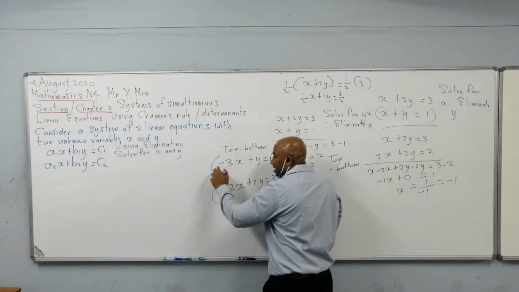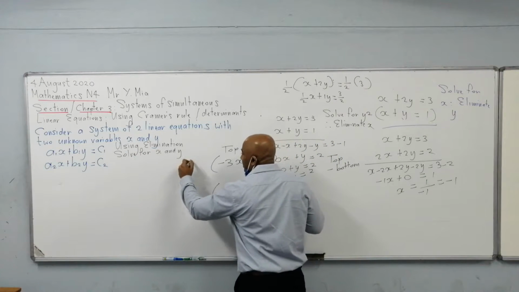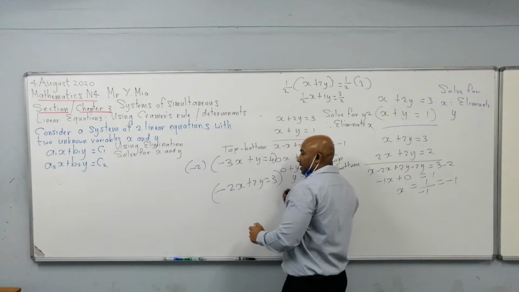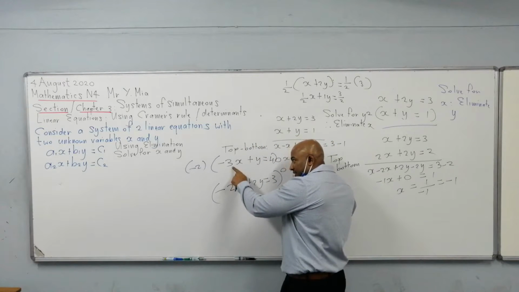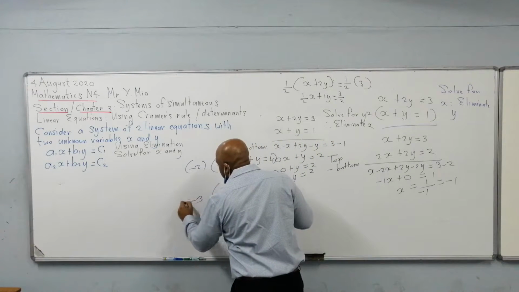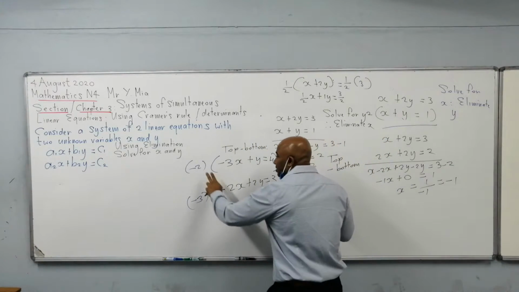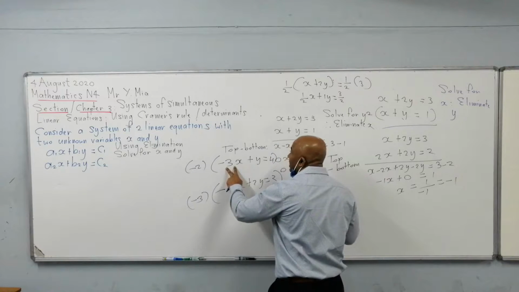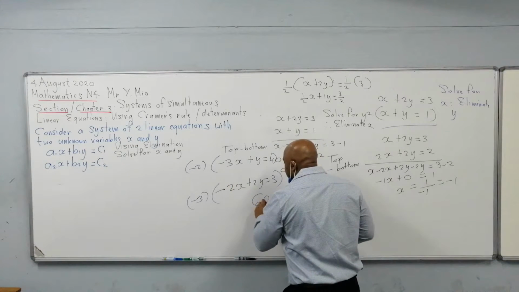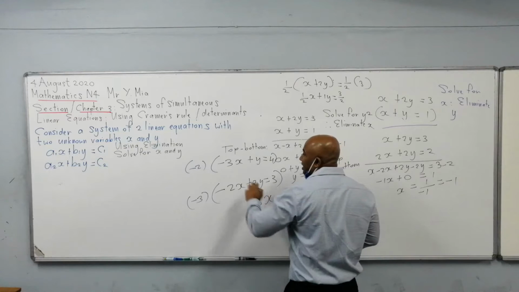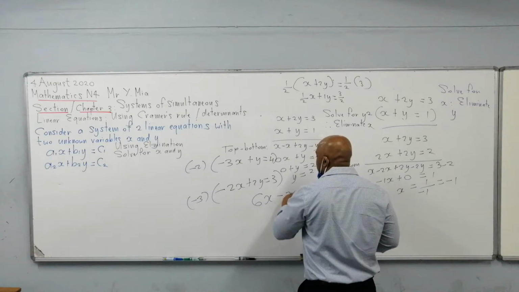So I got minus 3 here. I look at the coefficient here. It's minus 2. Then I'll take this one and multiply by the top. Minus 3. So what does this do now? So I got minus 2 times minus 3x, which becomes a positive 6x. Then minus 2 times y is minus 2y.